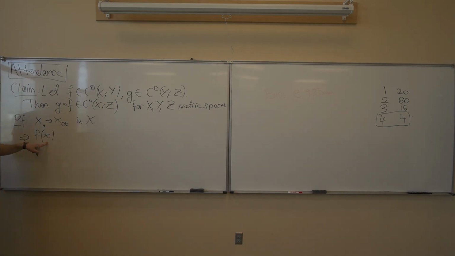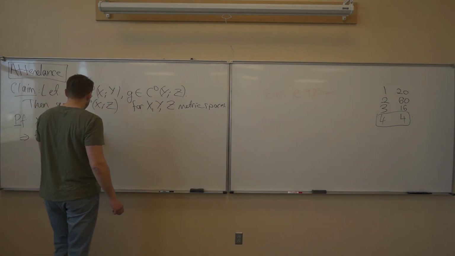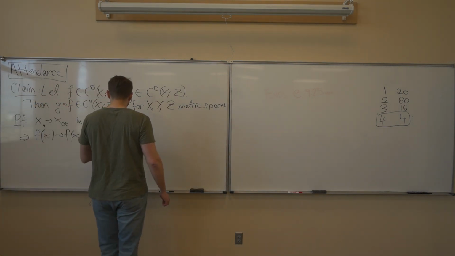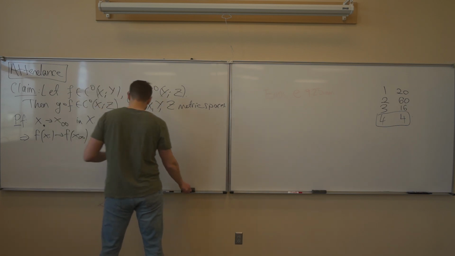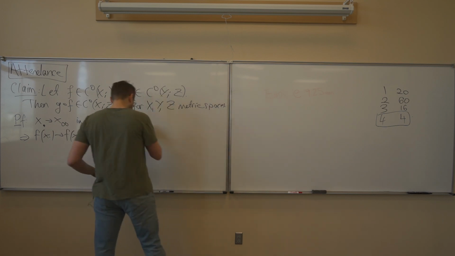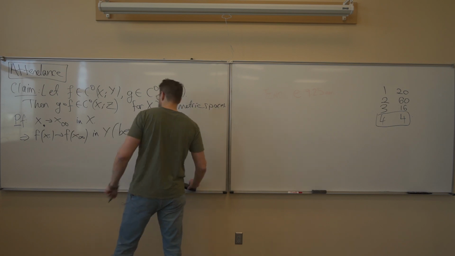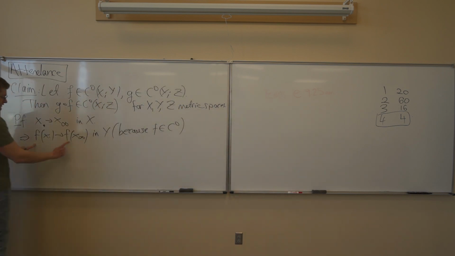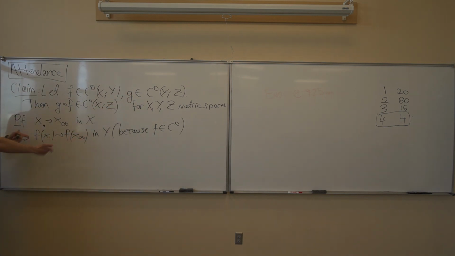So f of x bullet converges to f of x infinity in y because f is continuous. But then if this is a convergent sequence in y, and if g is continuous, then I can apply g to these to get a convergent sequence in z.